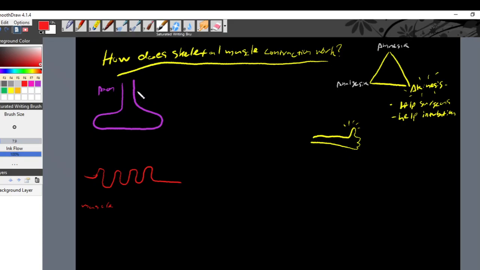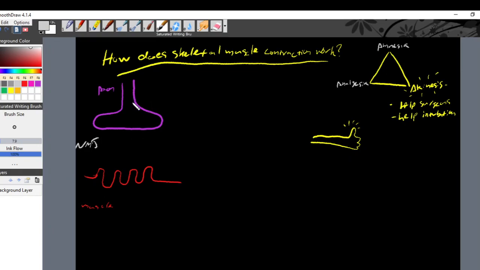And this whole system we're going to name the neuromuscular junction, this area right over here. The space between the axon and the muscle. This is our neuromuscular junction, or you can think of this entire term as your motor end plate.